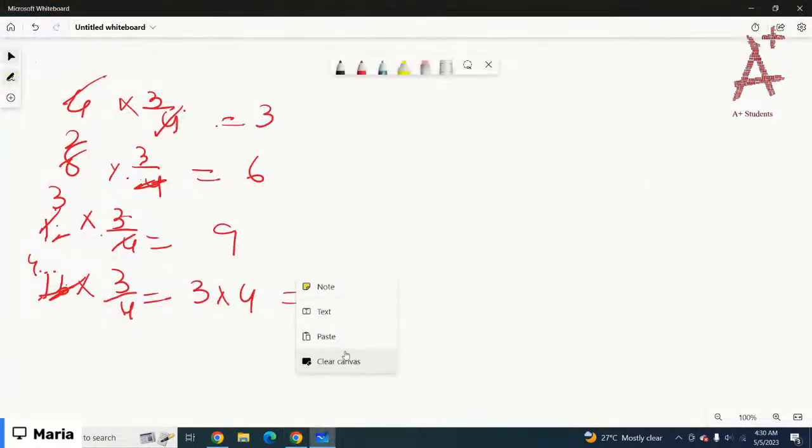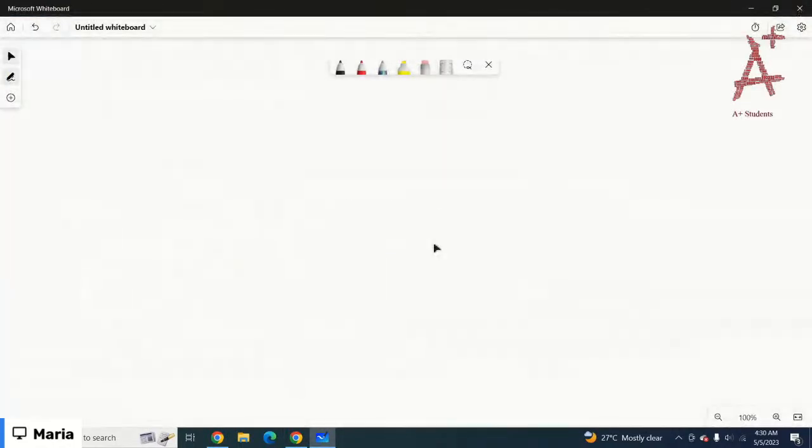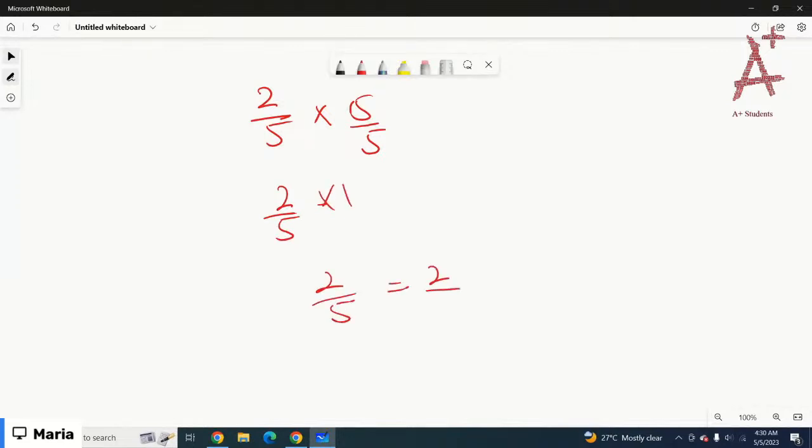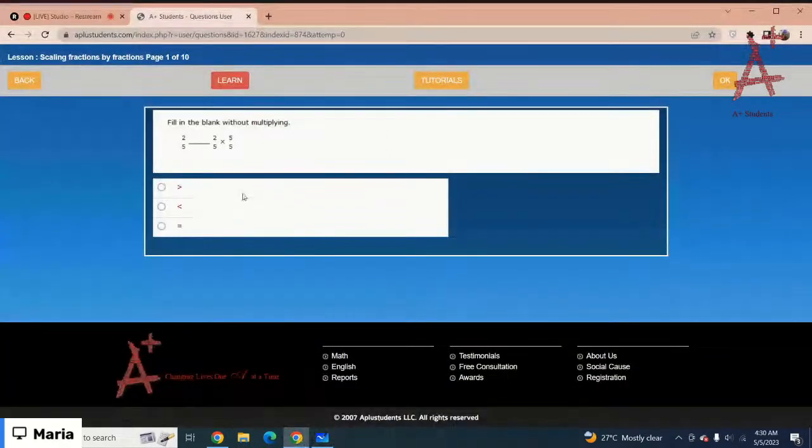They are actually equal. The left side is 2 by 5 times 5 over 5. 5 over 5 means 1. That means you are left with 2 by 5. So 2 by 5 and 2 by 5 are exactly equal. The correct option is the last one.